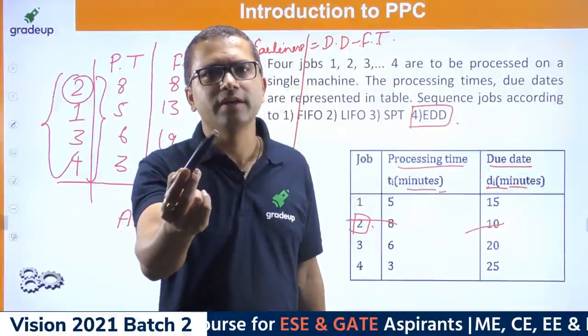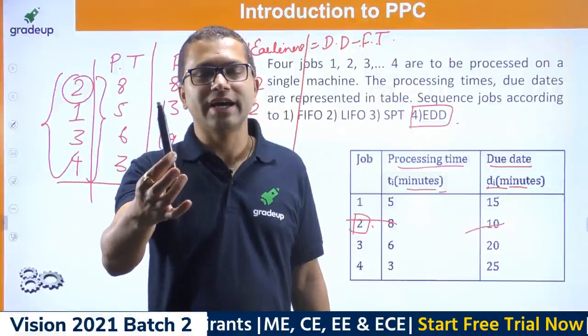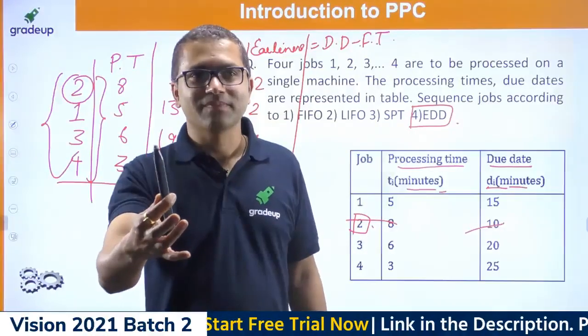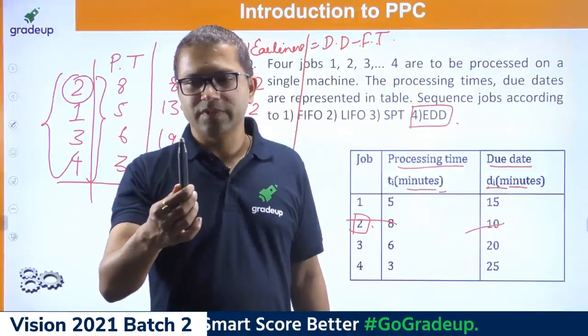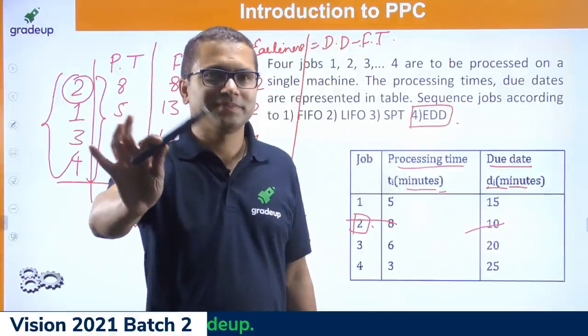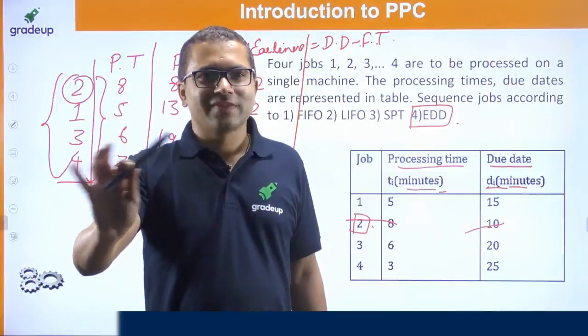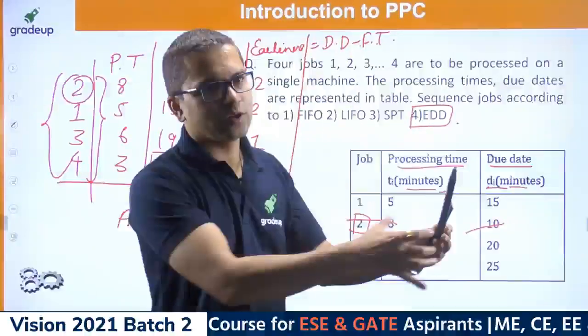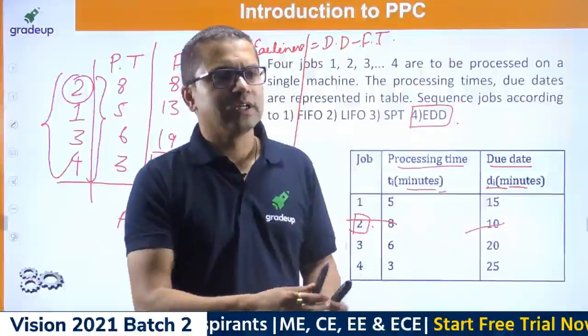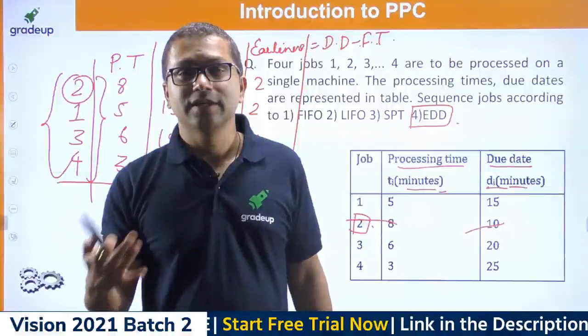For example, this marker I'm going to use as a final product, so this is not inventory, this is a product. If you store this somewhere else, let's say in a godown, and I'm not able to use it, that's called inventory.